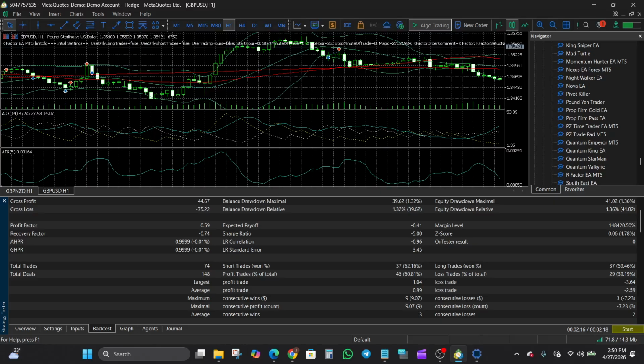Okay, so overall, the R factor EA is a different type of system, right? It's not built around a single strategy. It's designed as a dynamic portfolio manager, combining multiple strategies and adjusting exposure in real time. The biggest strength here is adaptability. It doesn't rely on one market condition to perform.